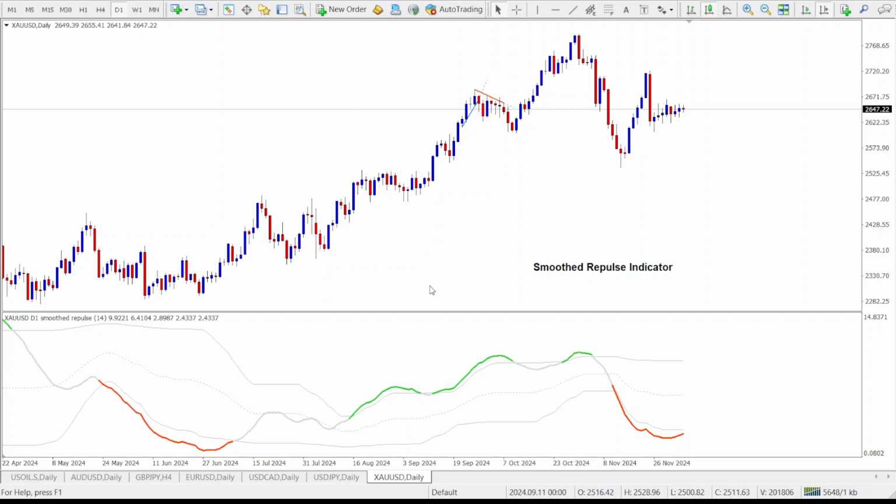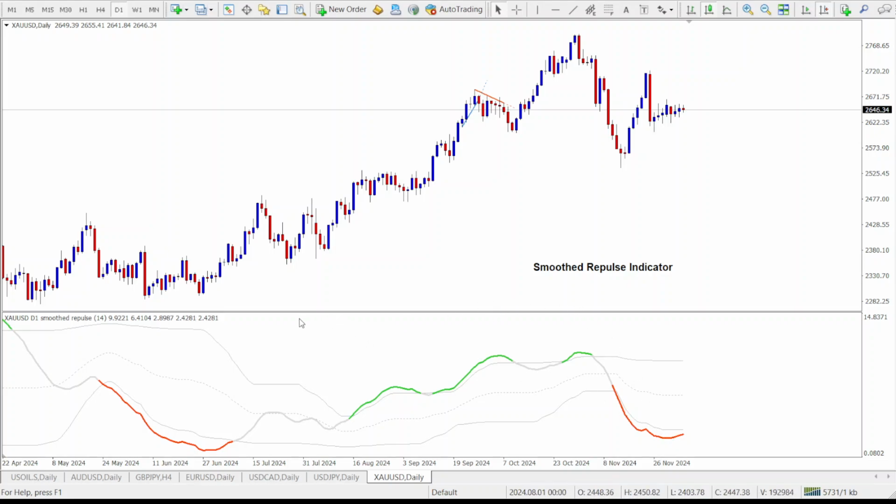Okay, so for a very easy strategy, what you should be paying attention to is the color of this particular line, this one that changes from red to gray to green to gray to green to gray to red and all of that, right? Basically, it fluctuates between three colors: red, green, and gray, right?